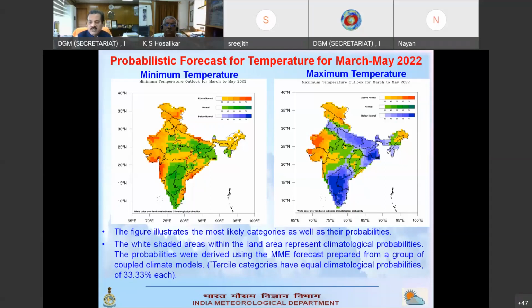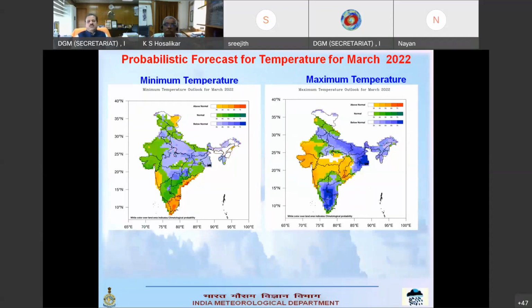But however, the Indo-Gangetic plains, which is indicating the blue color here, will have the below normal temperature probability, and hence the heat wave conditions are not likely to be higher than the normal over the Indo-Gangetic plains.